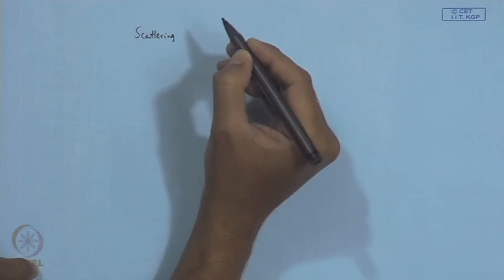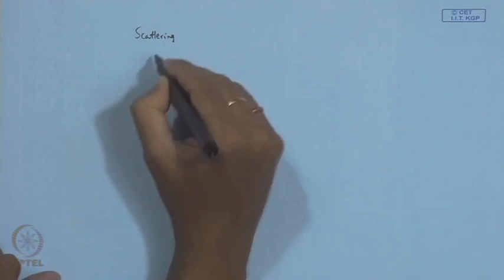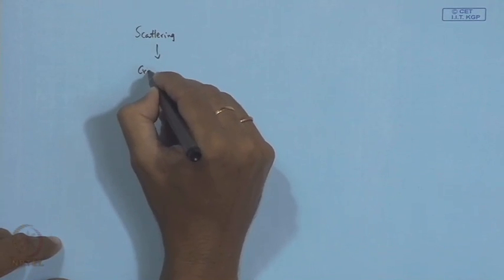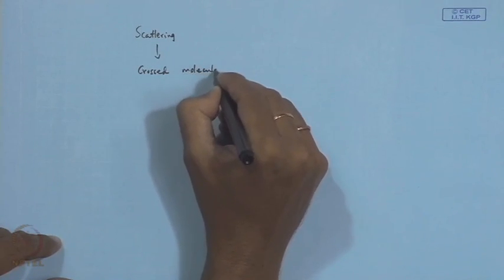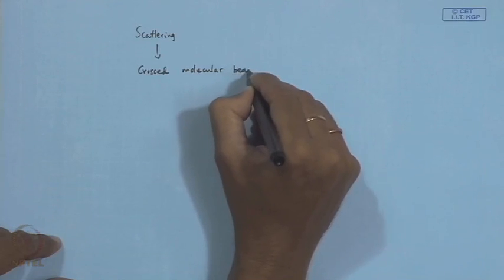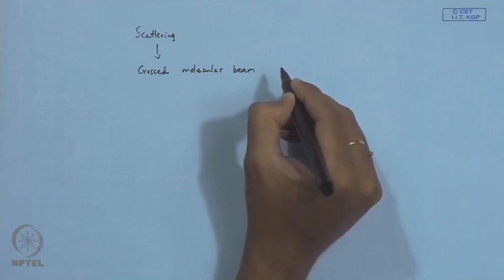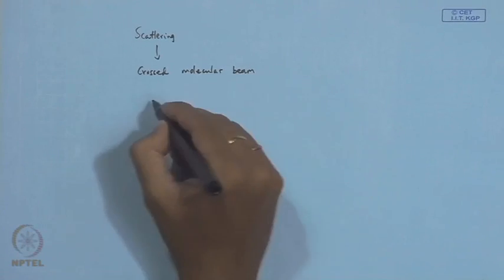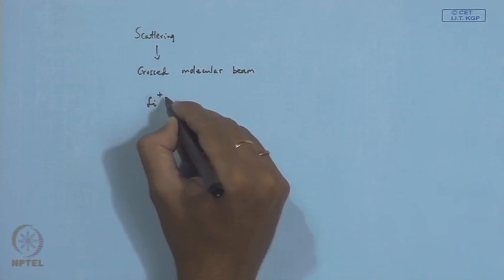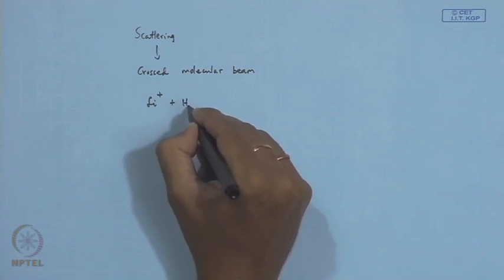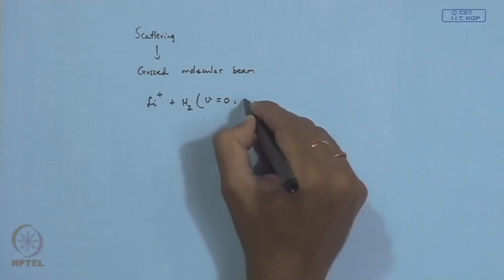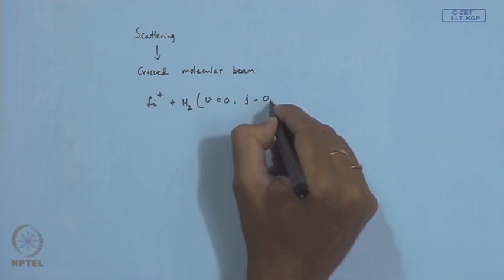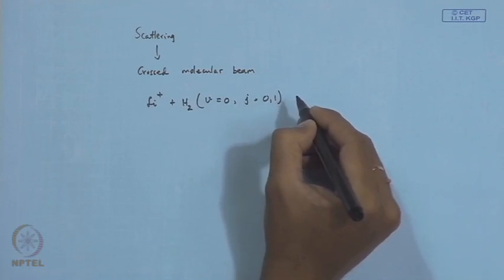A crossed molecular beam, say for example lithium ions plus H2, with vibrational level v equal to 0 and rotational level J equal to 0, 1 populated.